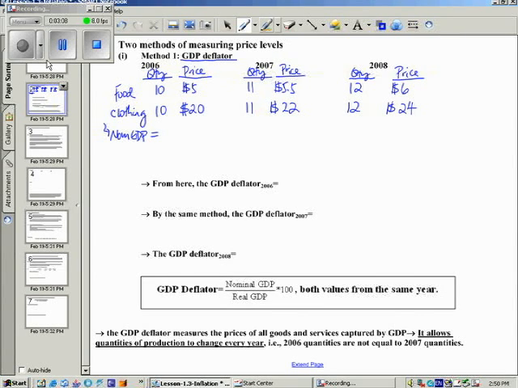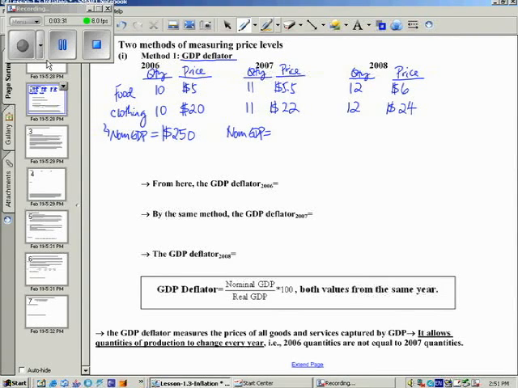For the year 2006, we calculated this already as being 10 times 5 plus the 10 times the 20. That would be 250. And 2007, we did this as well. That would be 11 times 5.5 plus 11 times 22.